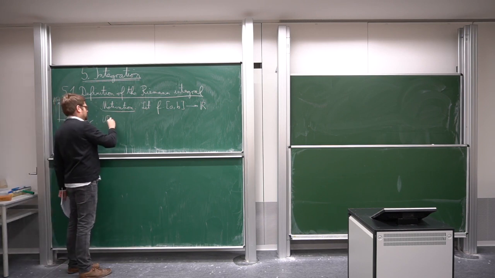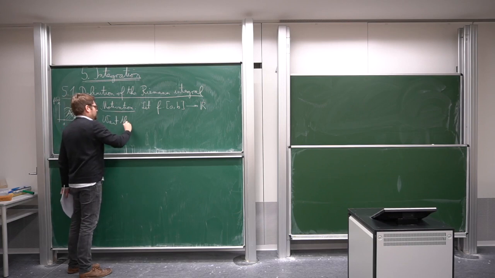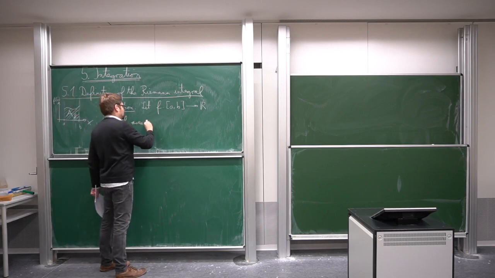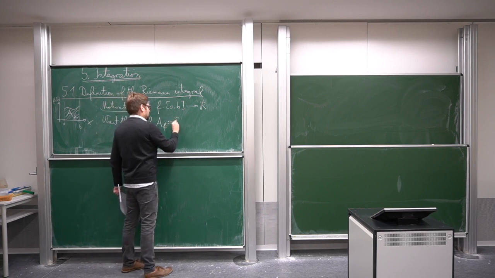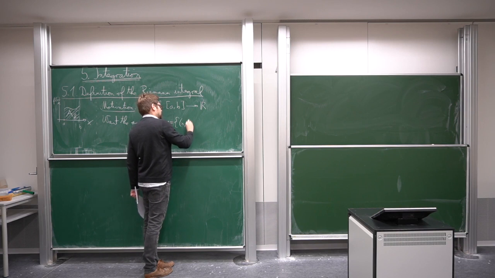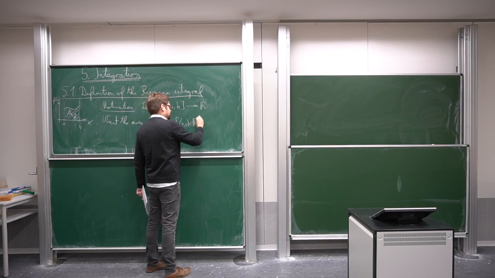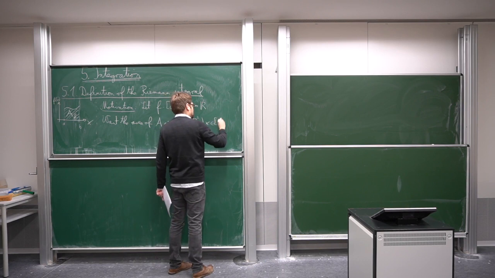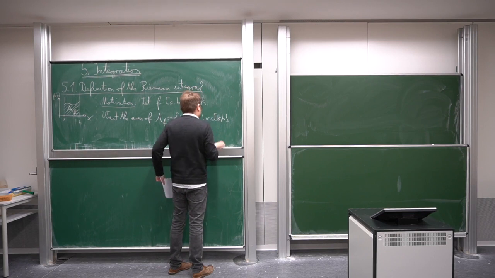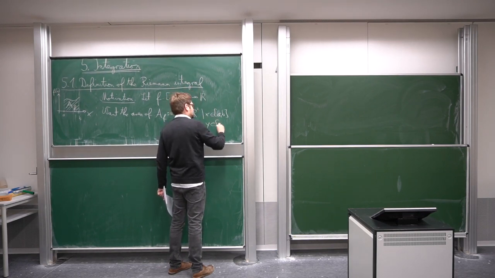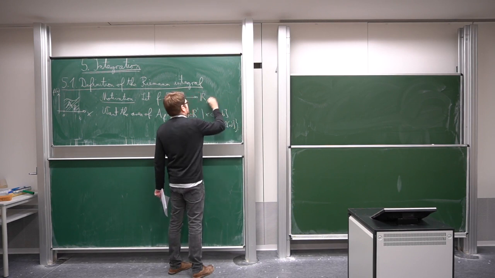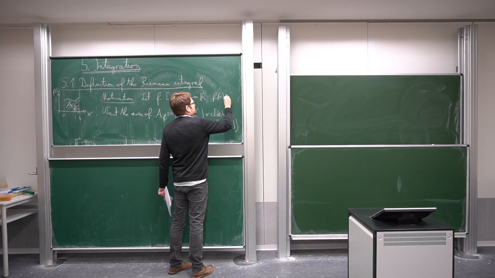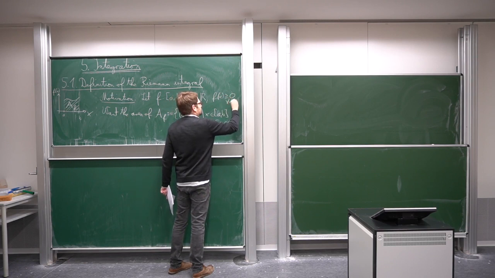We want the area of A_f, which is defined formally as the set of all (x, y) in R², where x is somewhere in the interval [a, b], and y is in the interval from 0 to f(x), and this indicates that f(x) is bigger than 0 for all x.